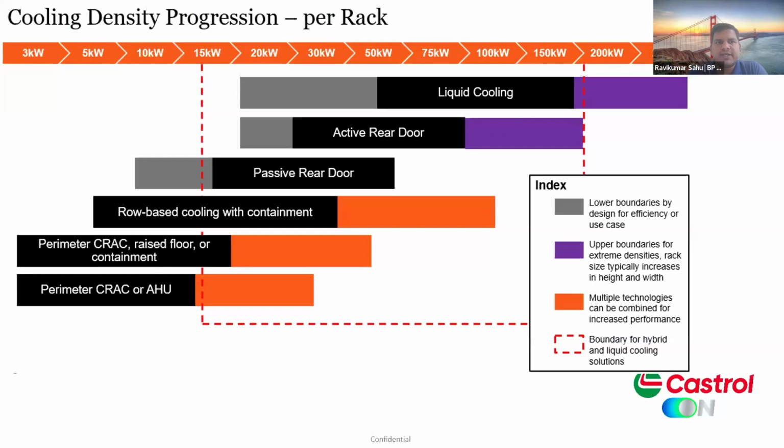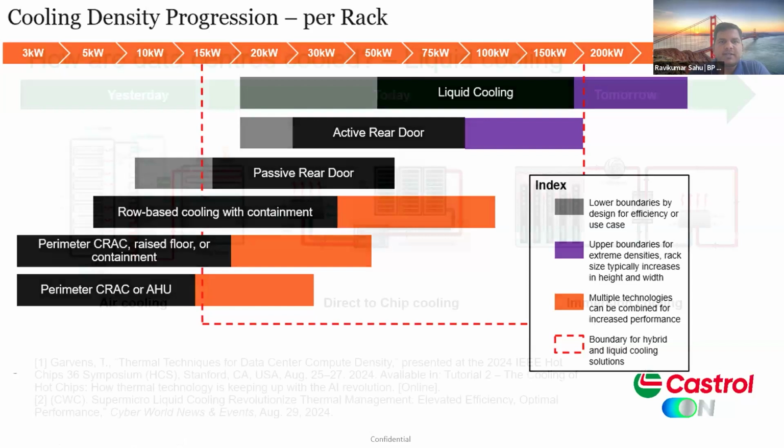If your rack load is more than 50 kilowatt, you have to shift to liquid cooling because of air limitations. This is how cooling density has progressed from past till now.